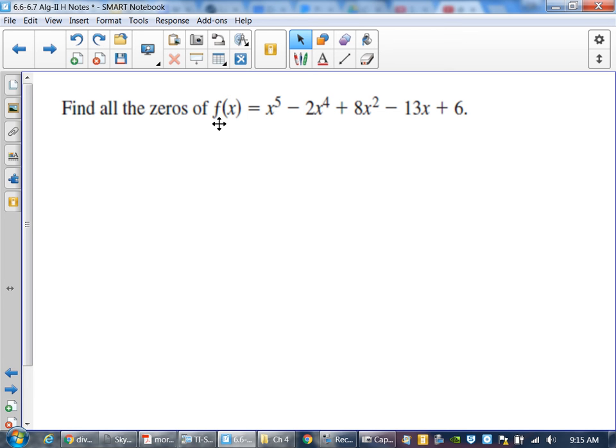If you have nth degree, you can have nth zeros. So 5th degree is going to have how many zeros? 5. Now that's including real and imaginary. So really the only thing that's going to change here is that I can have an imaginary solution. You do the exact same stuff.